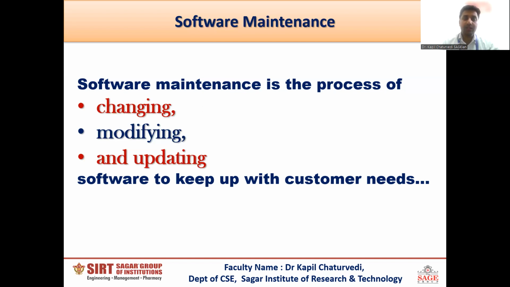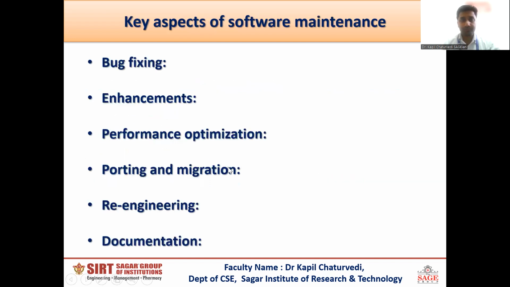So changes continuously go on in the maintenance phase. Software is continuously modified and updated by the developer appointed on the client side. That is the maintenance of the software.